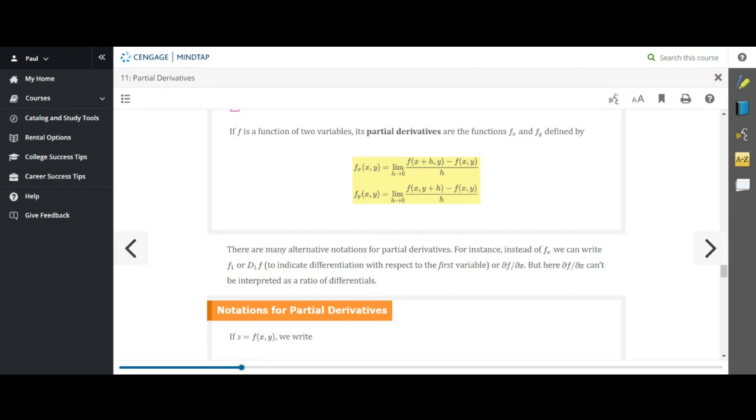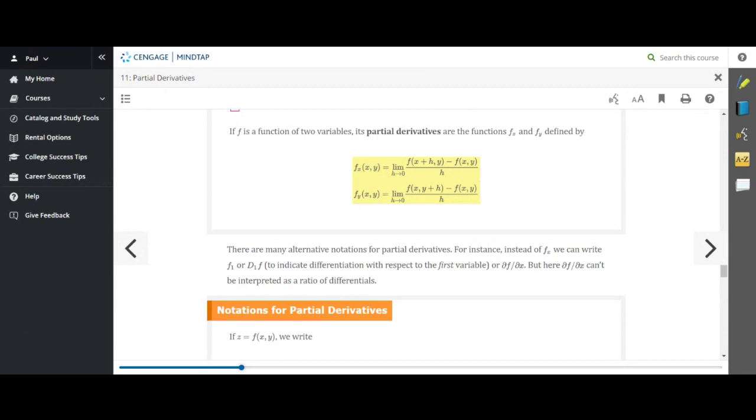In the first partial derivative, the partial derivative of f with respect to x, you are studying how the function changes with respect to x for a certain y value that you're holding constant. For the partial derivative of f with respect to y, you're holding the x variable constant, and you're studying how the function or the surface changes with respect to y.